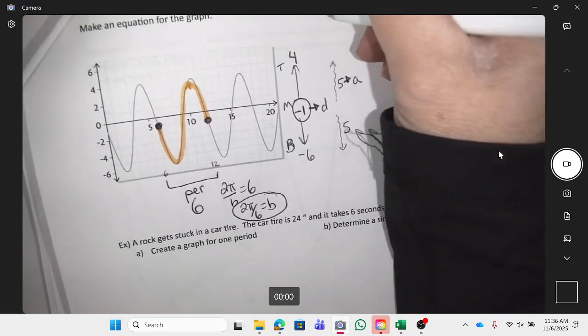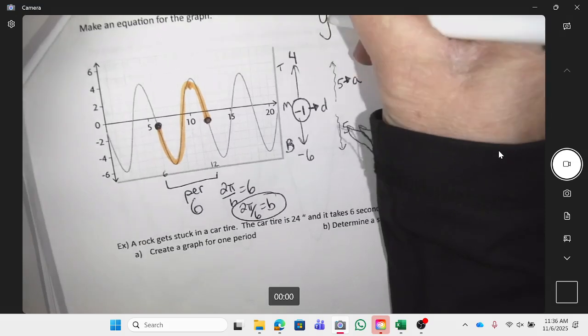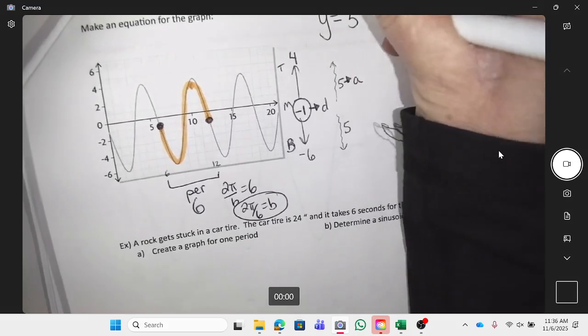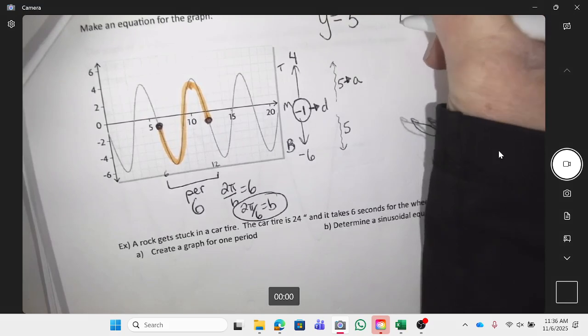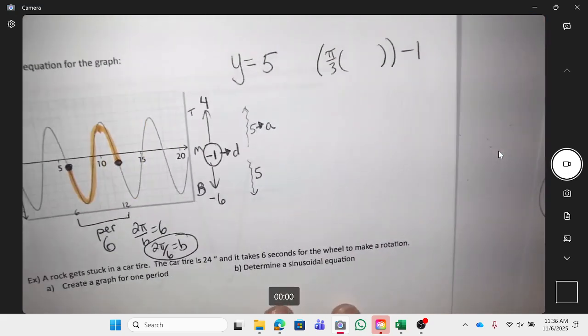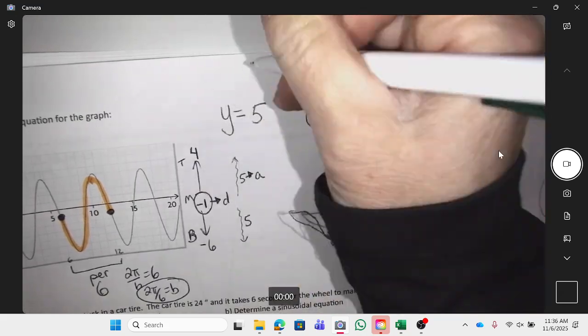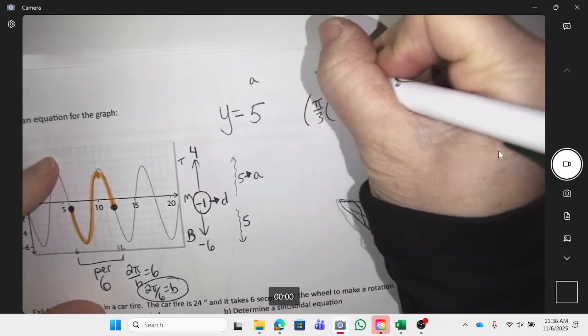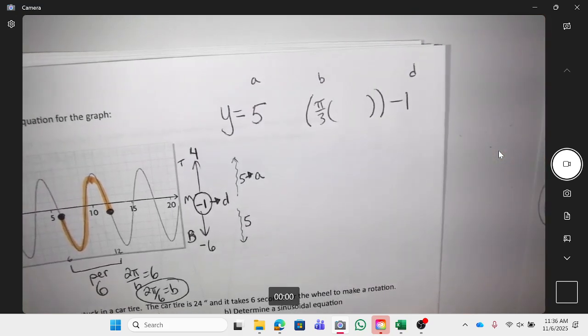Okay, so here we go. Y equals, I'm going to put 5. Okay, so we got that stuff done.